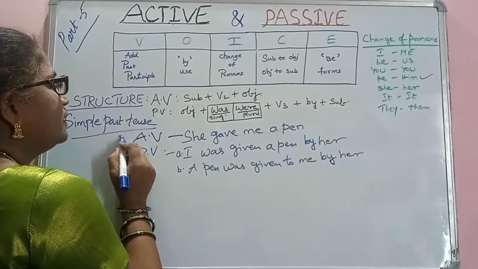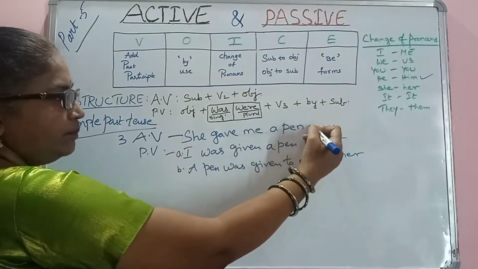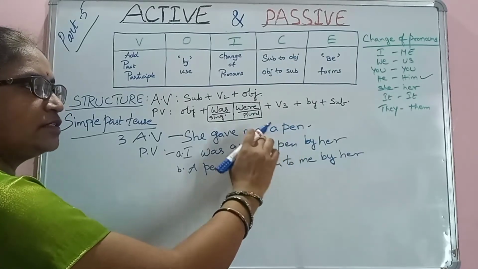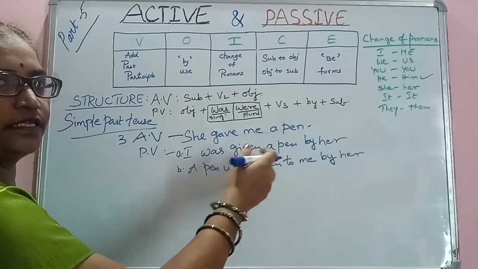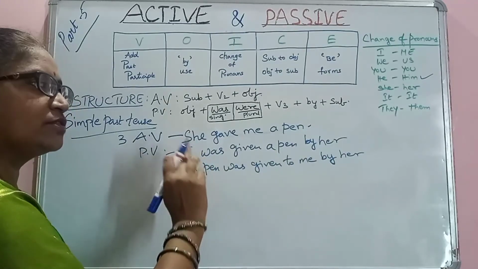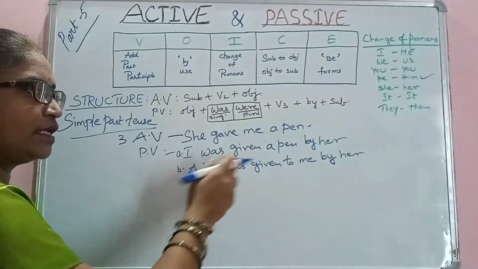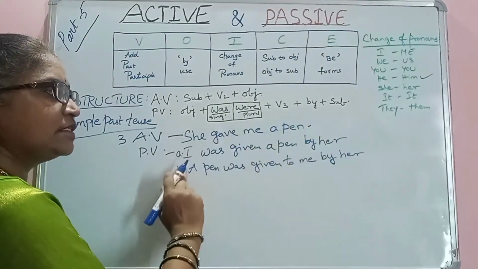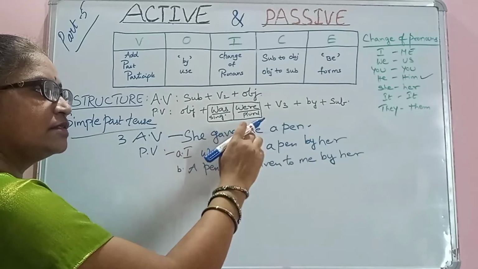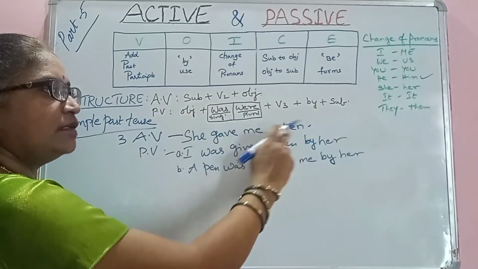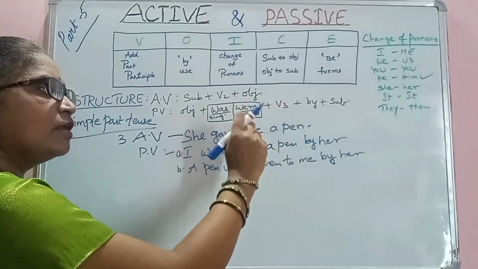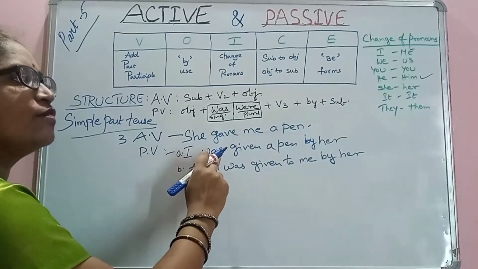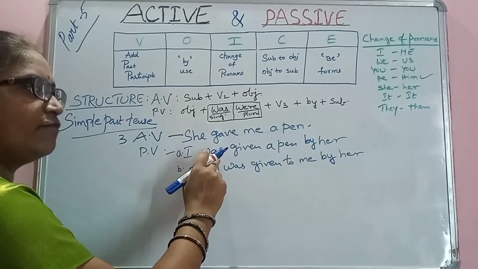Now this is the third statement. She gave me a pen. You have two objects in the sentence, so when we change it, you can apply either one at the front. This is one example: I was given a pen by her. She gave me a pen, these are the two objects. If I is applied at the front, me is changed into I. I was is a singular form.